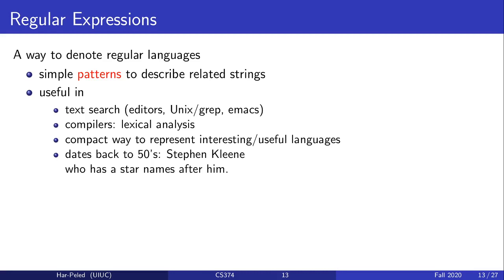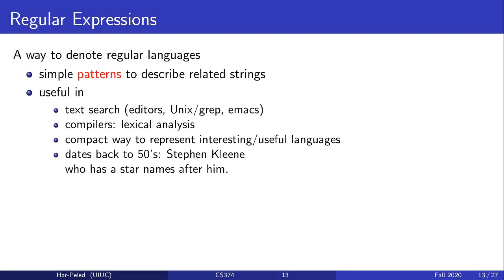Now, regular expressions are widely used. They're used in text search, in editors, in things like grep, Emacs, etc. And they're also used in compilers for lexical analysis. Essentially, the first stage of a compiler's execution is that it reads in the program, which is a text file, and it breaks it into tokens, where every token is specified using regular expressions.